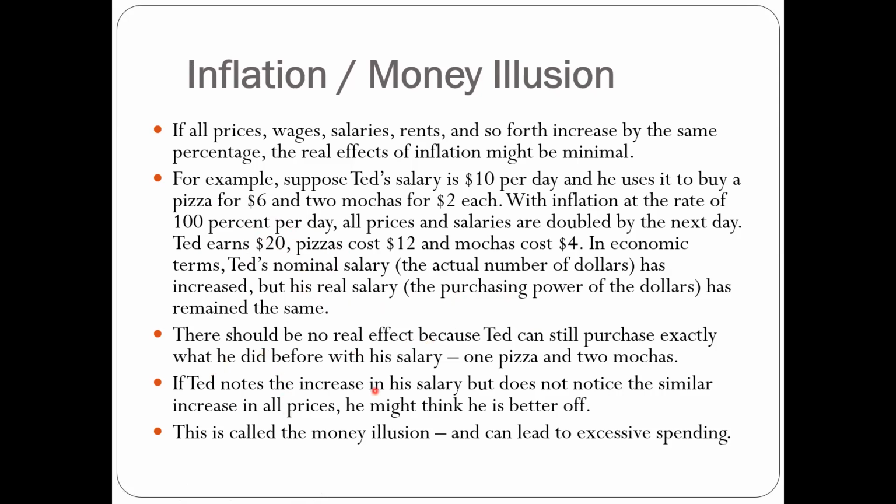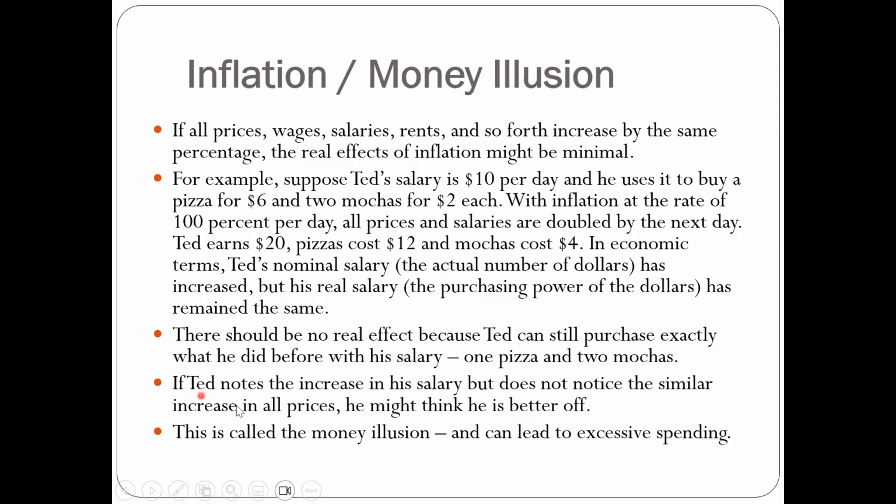If Ted's salary increases but there is no increase in prices, he might think he's better off. This is called the money illusion, and it can lead to excessive spending. So in this example, we have three cases.